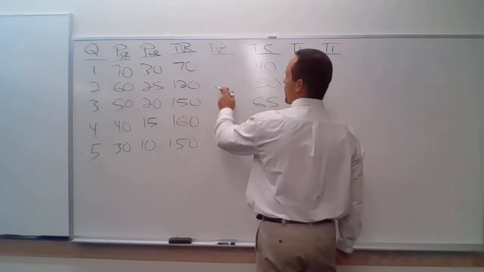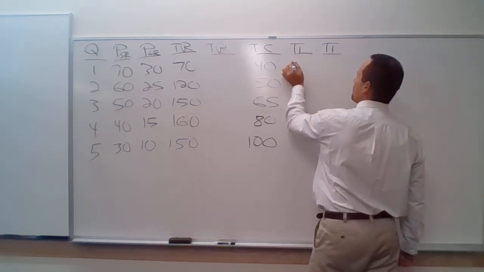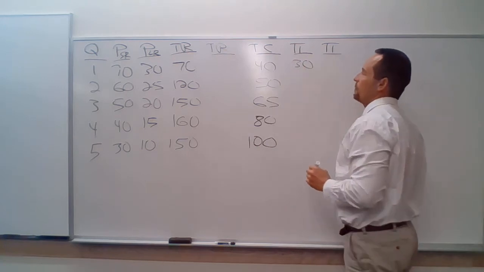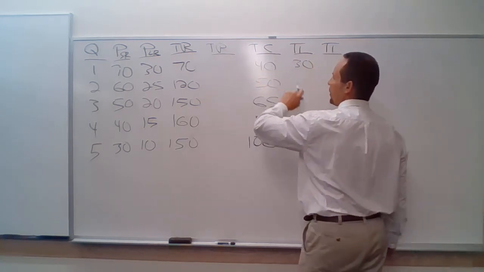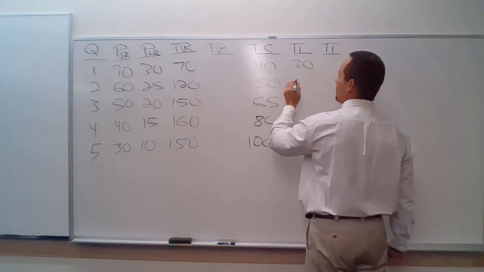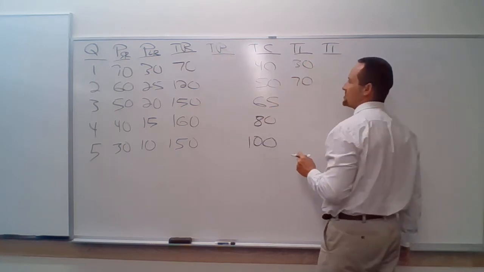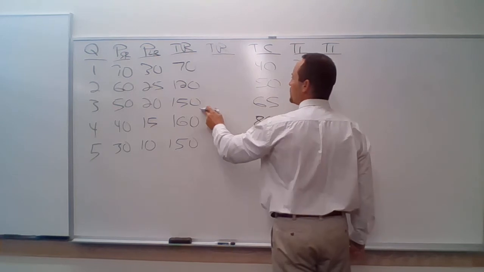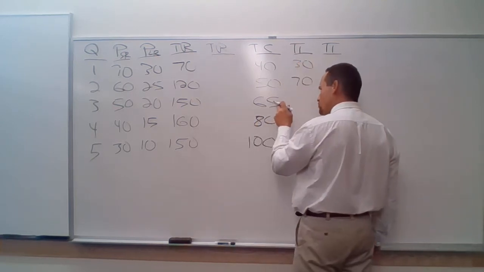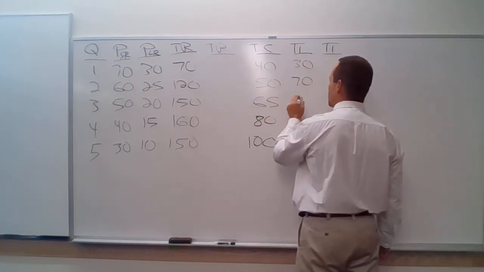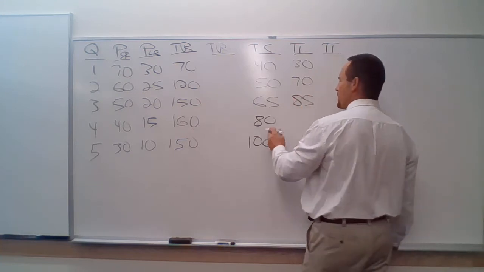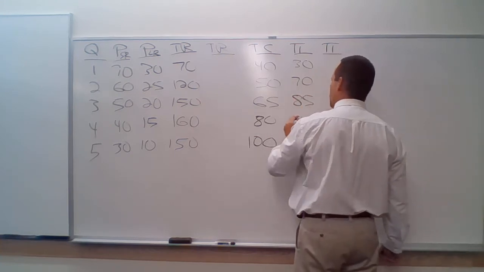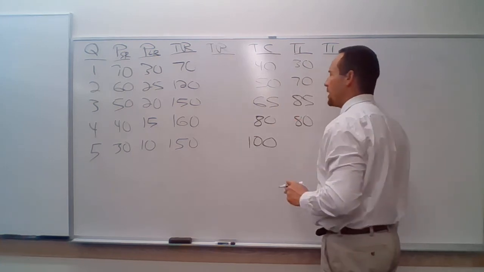Comparing these revenues to these costs, by only making 1, we could profit by $30 because we take in 70 and only pay out 40. By making 2, we profit by 70. If we make 3 units, we profit by $85, which is 65 from 150. If we make 4, profits fall to 8.